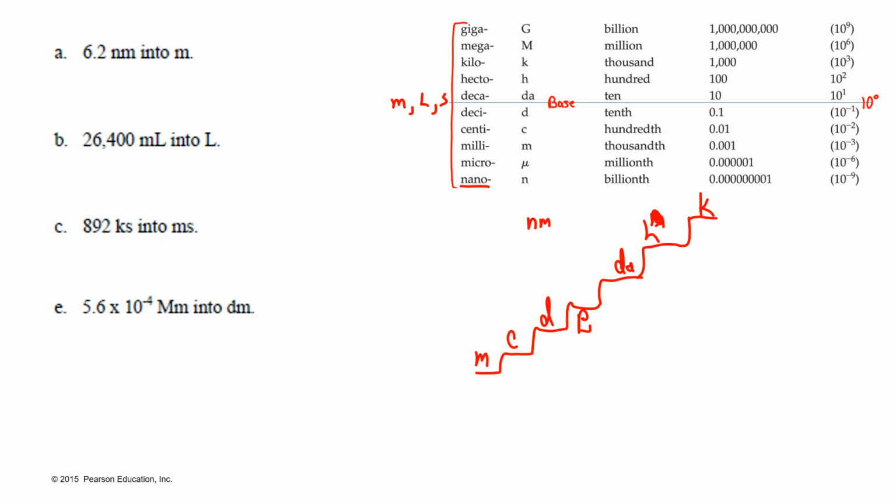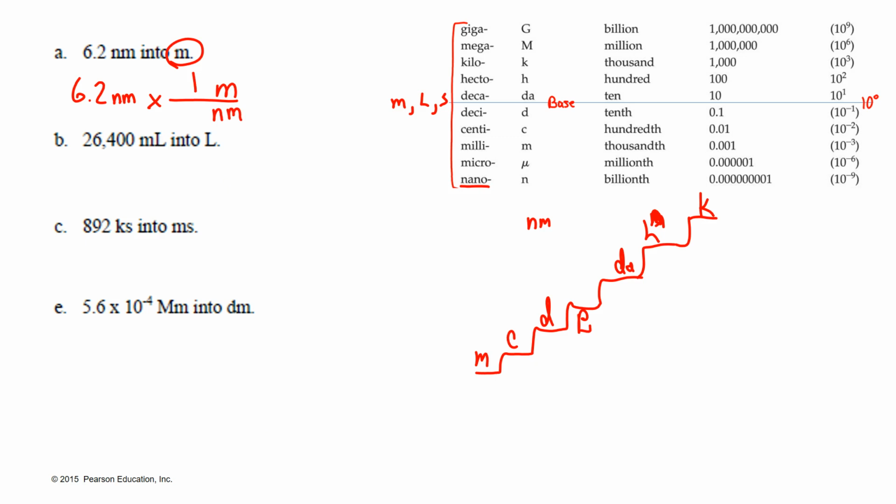The thing that I try to do is pick whichever unit is larger. In this case, meters is my larger unit. So whenever I'm doing this conversion, going from nanometers to meters, I'm going to say 1 meter, and I want to find out how many nanometers that is.